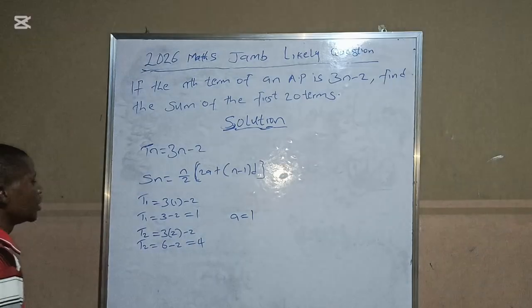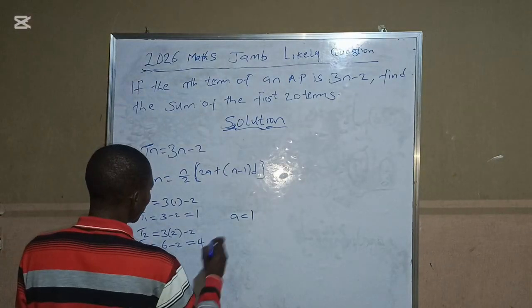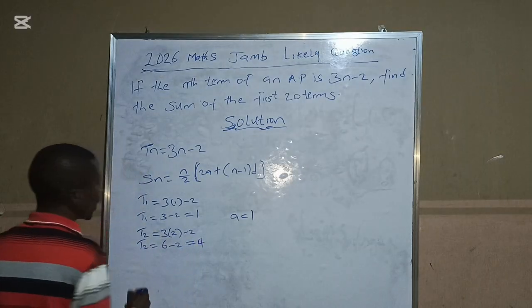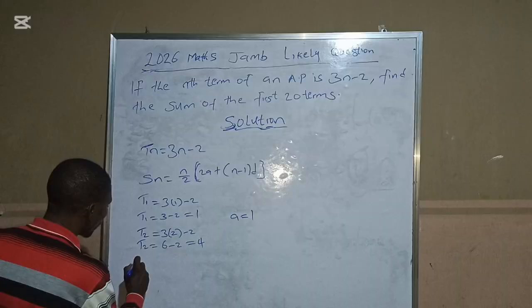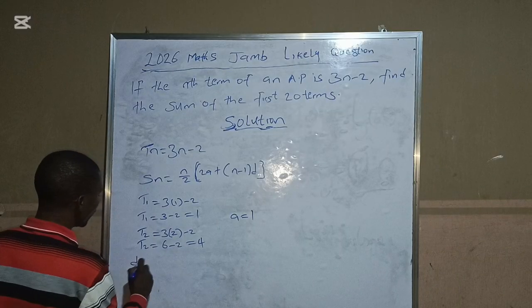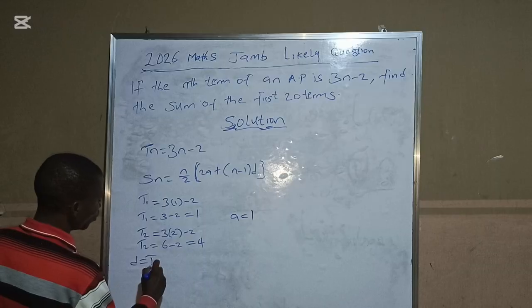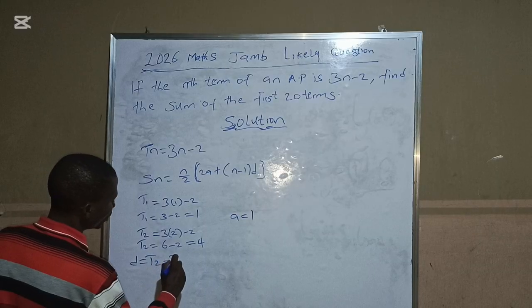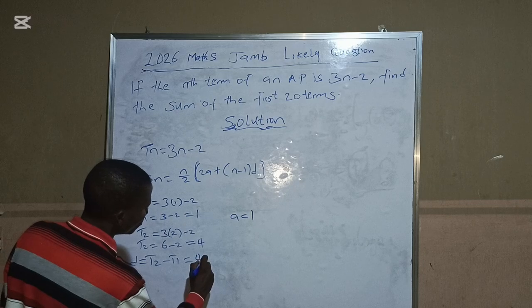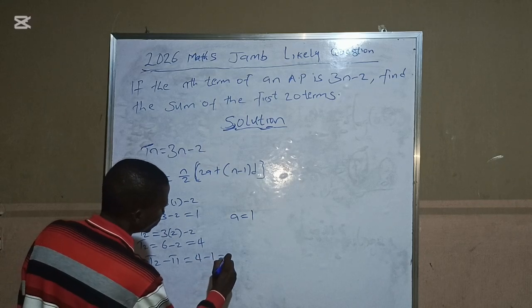Then how do you get your d? Your second term is 4. D equals the second term minus the first term. That's T2 minus T1, which equals 4 minus 1, which equals 3.